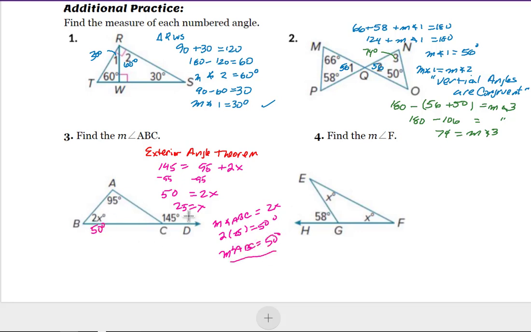Looking at number 4, we have another exterior angle, 58 degrees, and that's got to be equal to the sum of the angle at E and the angle at F, which are both x. So basically we have 58 is equal to x plus x, or 58 is equal to 2x, and x must be 29.